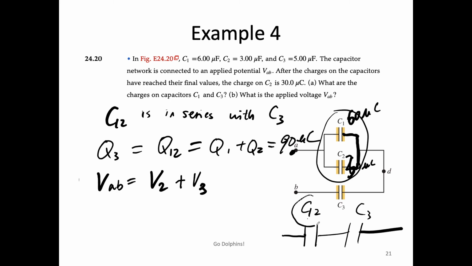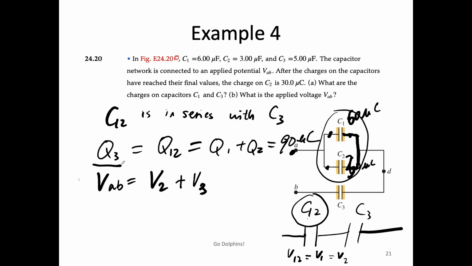You only need to add the potential for the equivalent capacitor C12, and V12 equals V1 equals V2. This is because C1, C2 are in parallel connection. The potential across C1 equals the potential across C2, and it equals 10. So this is why I only put 10 here. You cannot put 20.